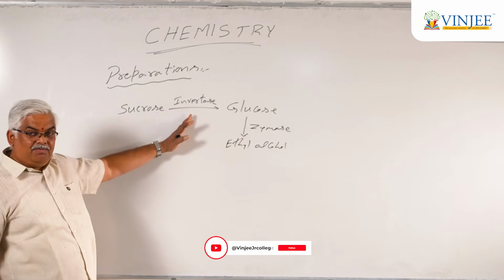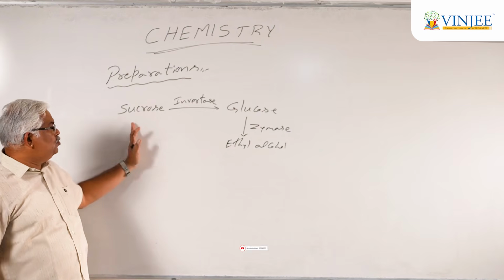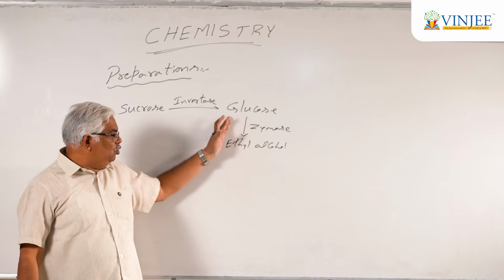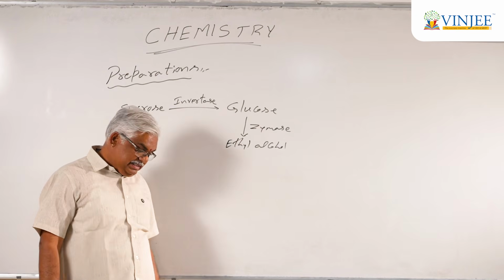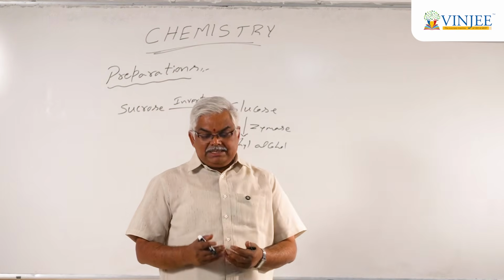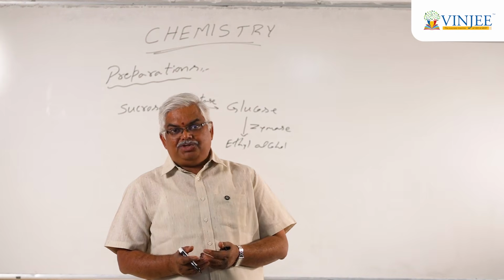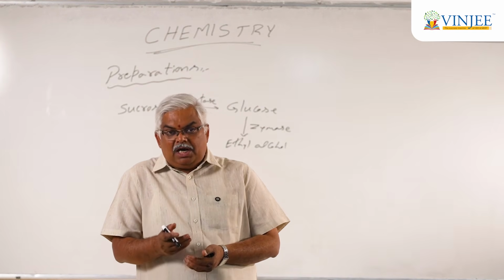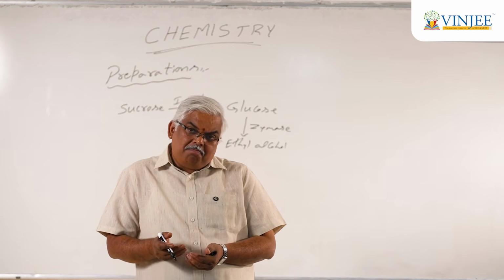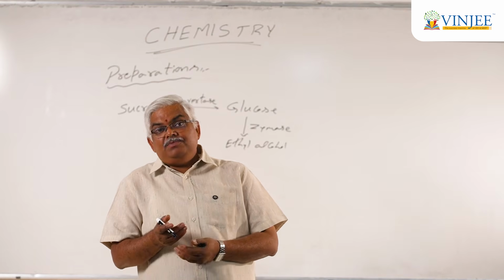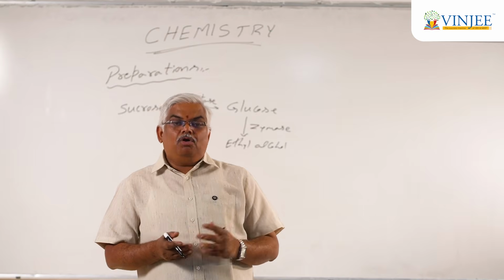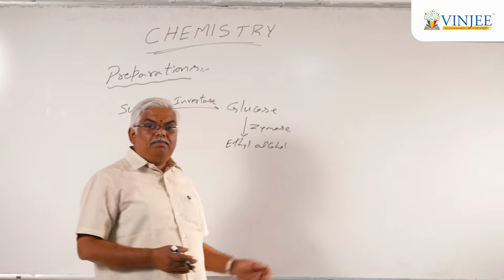The first one is invertase, which converts sucrose to glucose, and glucose can be converted to ethyl alcohol by another enzyme known as zymase. So we call this a biochemical reaction. Any chemical reaction initiated by enzymes released by living organisms is said to be a biochemical process.